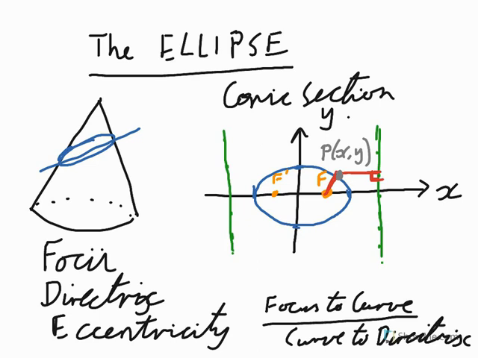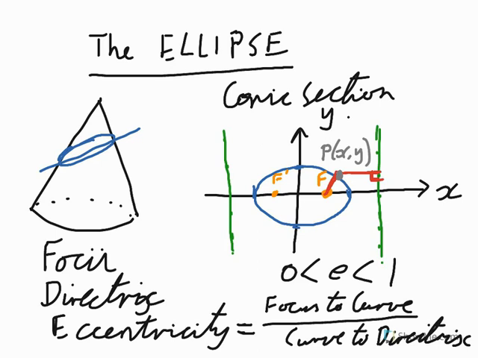Okay, and it turns out that that is a constant. So it doesn't matter where that point P is on that curve, if you measure the distance from the focus to the curve and then from the curve to the directrix, and you figure that out, then that comes out as the eccentricity. So for any particular ellipse, that eccentricity is between 0 and 1.